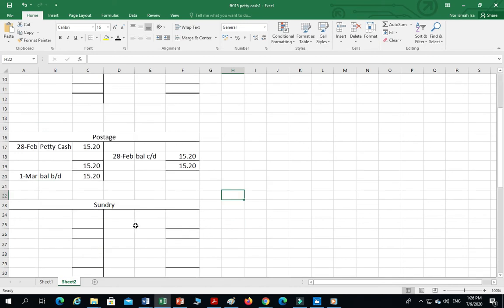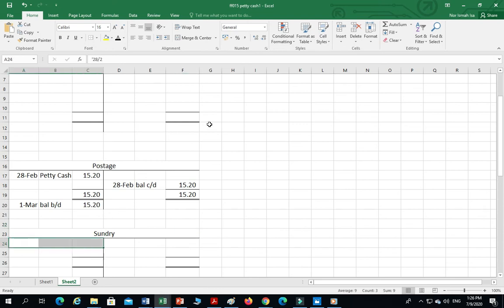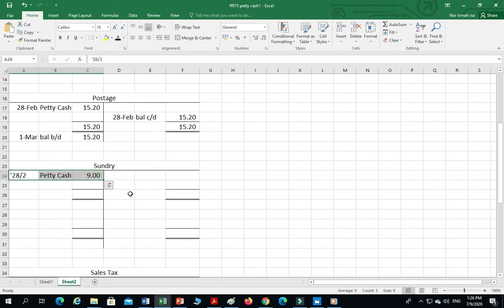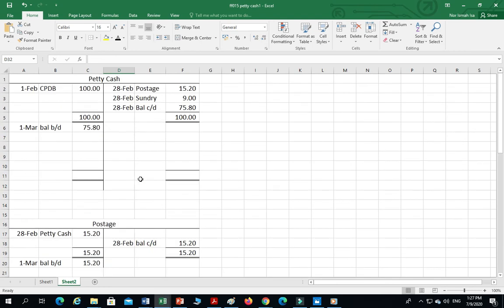And also for sundry account, we post petty cash. So the total amount is 9. So the balance should be 9 also. So the balance carried down, brought forward is 9. So we finish the posting for February.